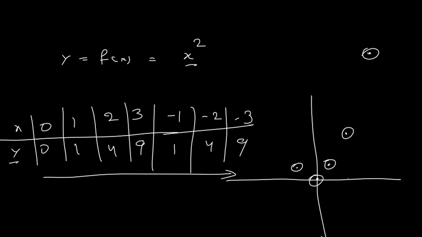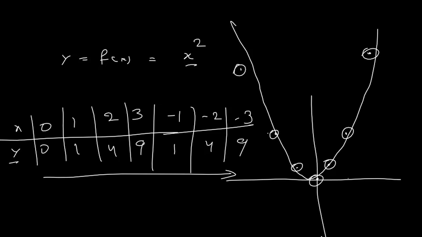For minus 2 I have value 4. For minus 3 I have value 9 and so on. So I will join this something like this. This is your graph for the polynomial function y equals x square.